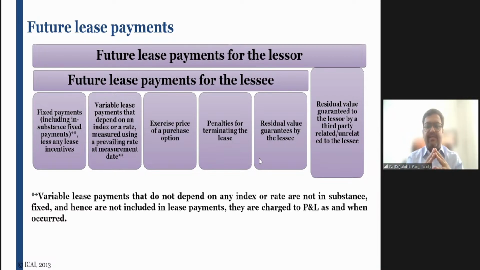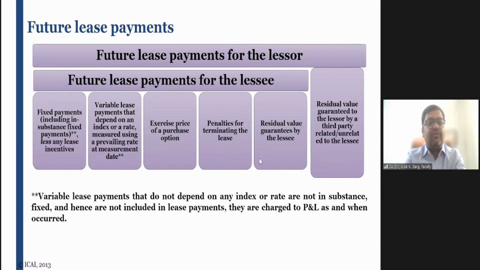What happened in this case? 1 lakh rupees is the fixed payment. But sitting today, myself and Manoj both are aware that every year there is a 10% escalation on the last rental. So in substance, this escalation amount is also a fixed payment.